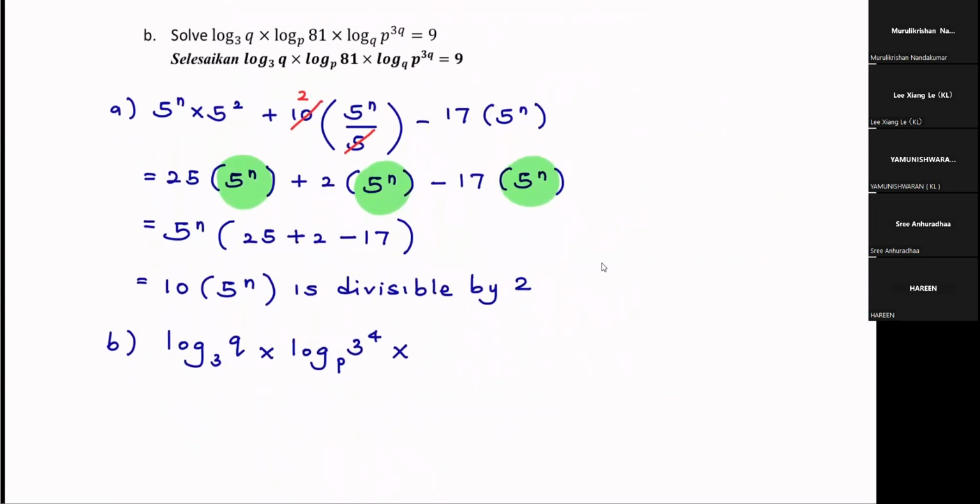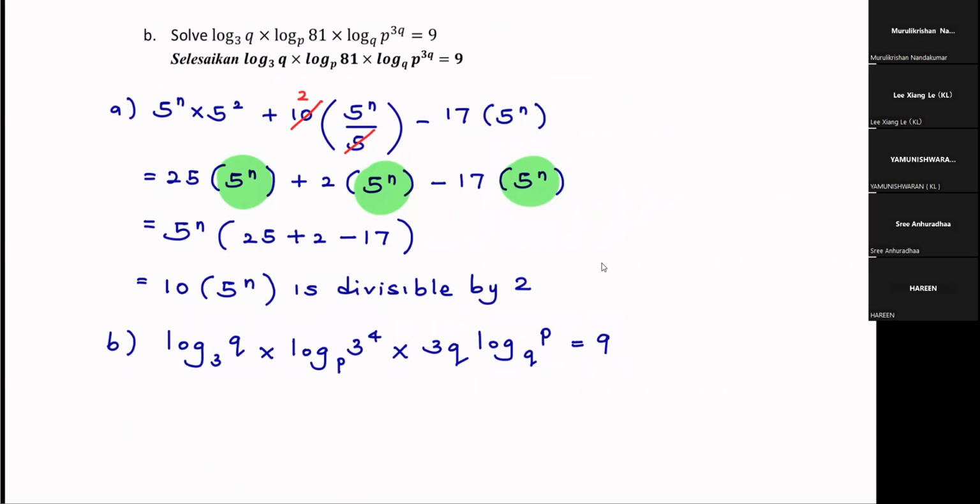So okay. Okay, this one is a P. So it's a log Q. Oh, okay. Okay, saya nampak. Oh, saya baru nampak lah. Sorry. Actually, this is a power, it's an index. 3Q is an index. Okay, so we can bring the 3Q in front. Log QP equals to 9.